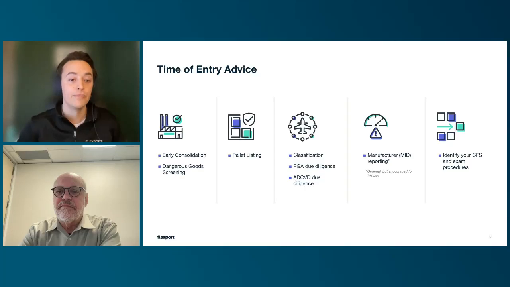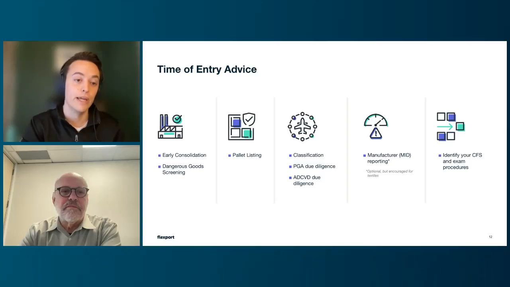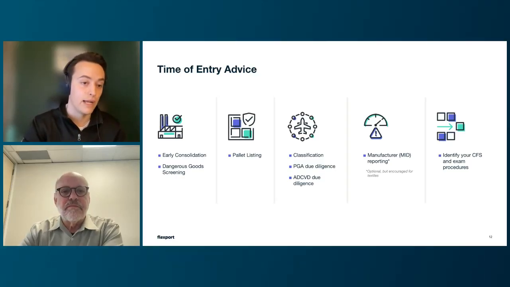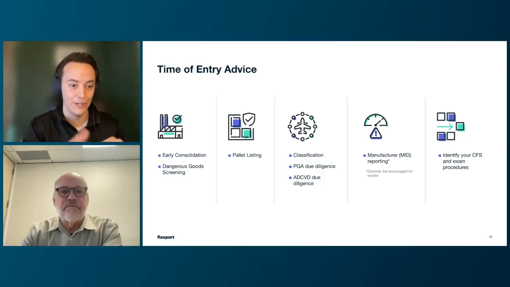Well, the first one I'd say is early consolidation for intact cargo. Although you can ship by several different modes of transport into the U.S. for de minimis, air is by far probably the most common because it's usually the fastest, right? That's typically why we want that. So what I'd recommend is try to ship intact pallets. Loose cargo is problematic for many reasons. One, you could just lose the shipment that your customer is expecting.